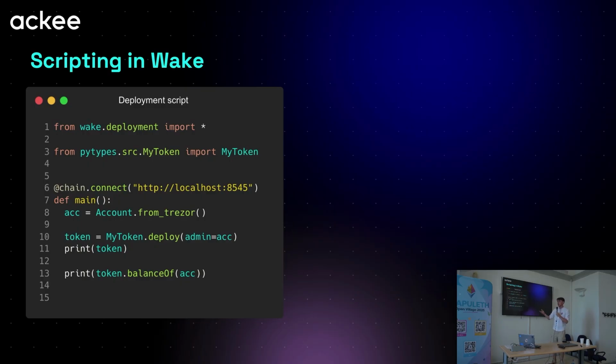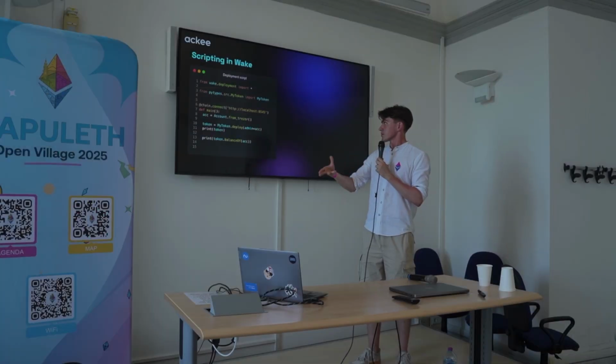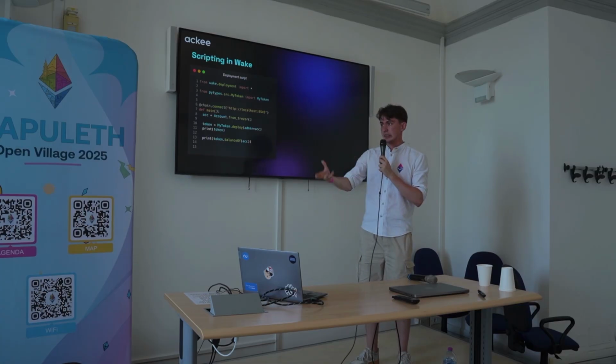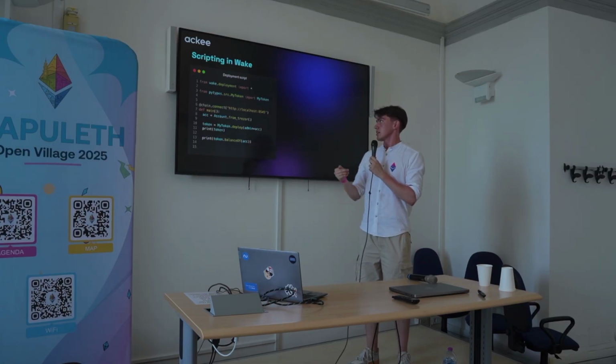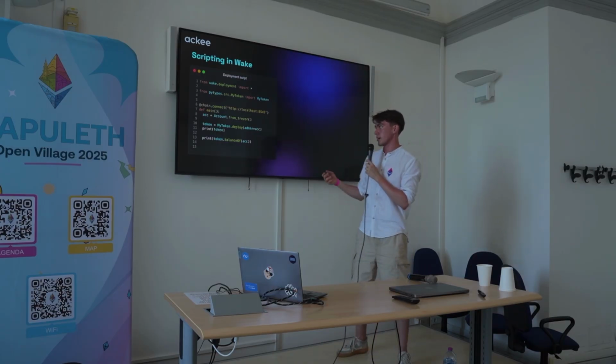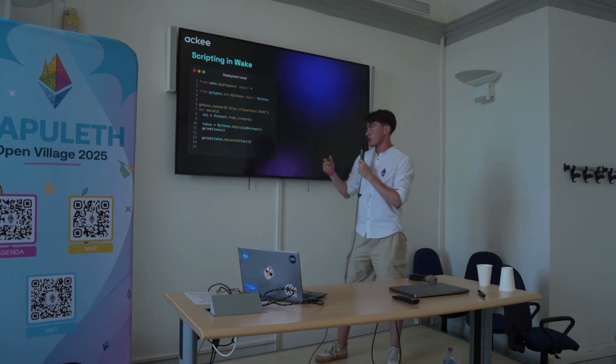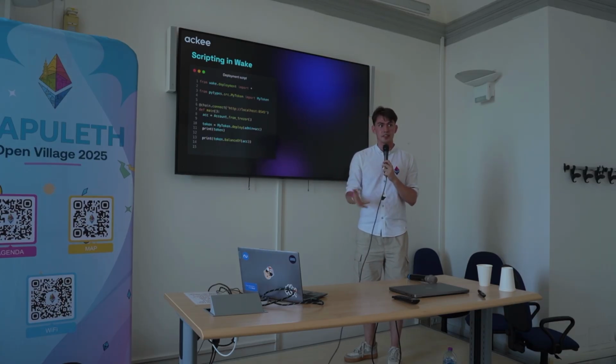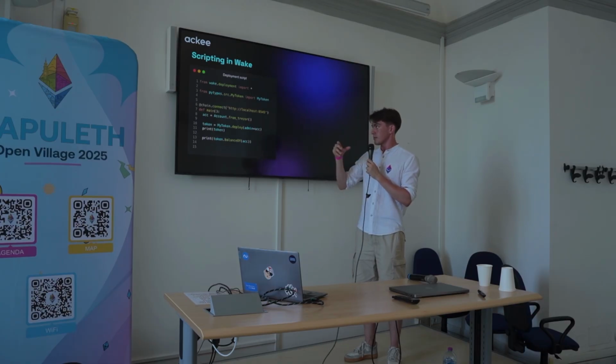It is actually Python types for better interaction with contracts, because it also enables highlighting of these contracts, and it also reports when a parameter of an invalid type is passed to a function of a contract. And here we import Account from Trezor. With the Wake framework, it is possible to deploy smart contracts directly from Trezor.